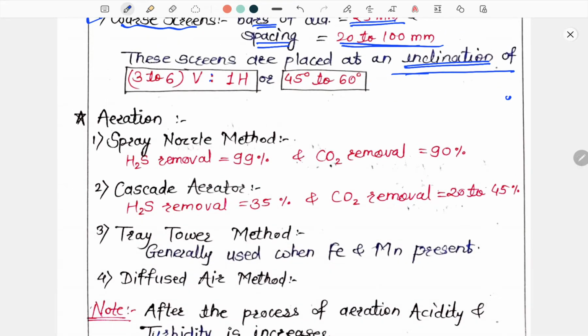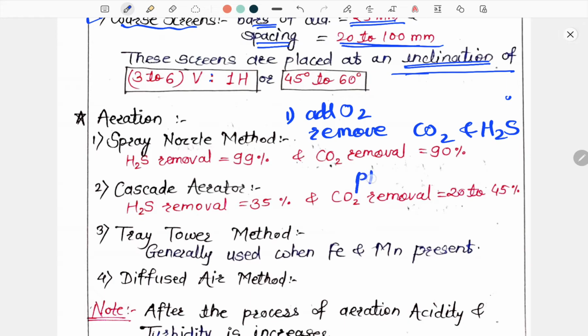Aeration is done to add oxygen to the water. It is done to remove dissolved gases like carbon dioxide and hydrogen sulfide. It is done to oxidize the organic matter. Aeration removes volatile liquids like phenol.